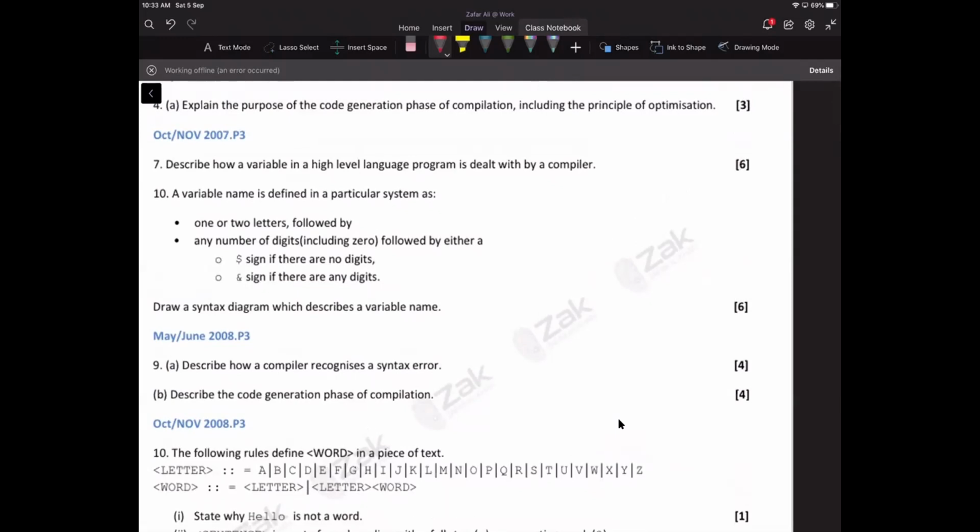Variable name is added, obviously, to the symbol table. During the lexical analysis, a token is generated and it is passed on. So what basically happens is it is added to the symbol table, then a token is generated.